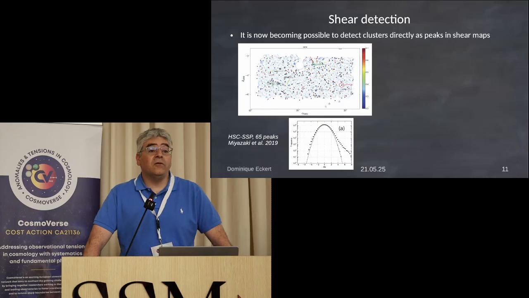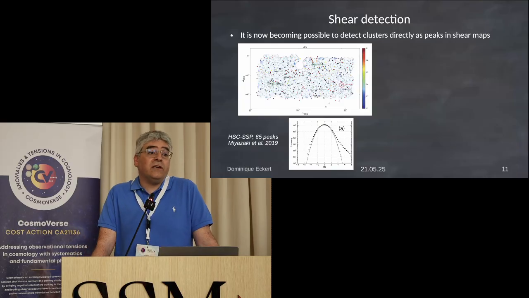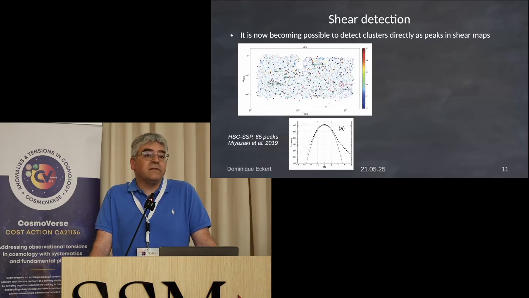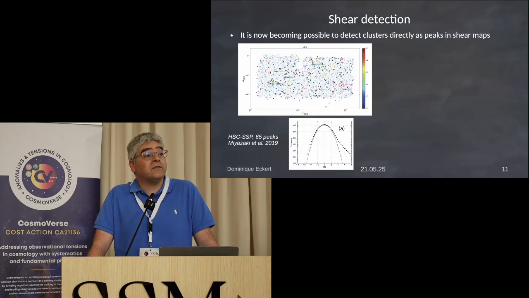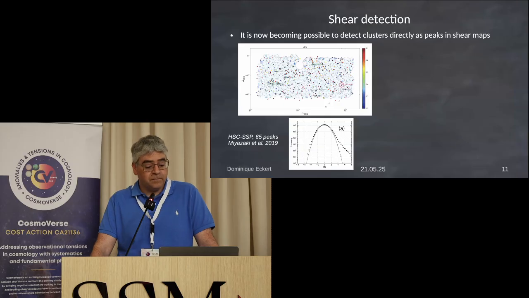Then the newcomer in town is direct shear detection. Nowadays, with the latest surveys, we are able to construct weak lensing maps, and out of that, you can try to find peaks in these weak lensing maps with the matched filter technique and directly identify clusters through their lensing signal.